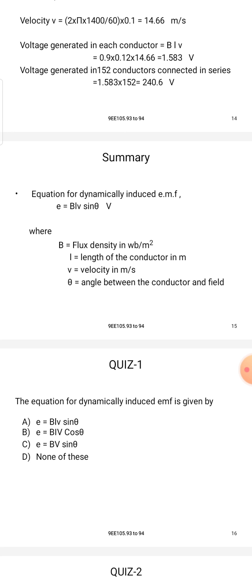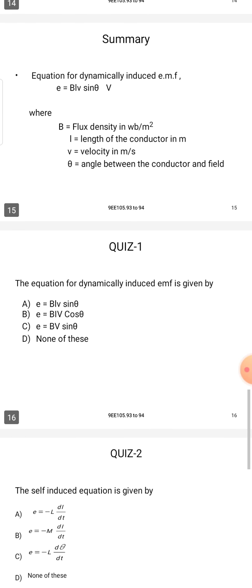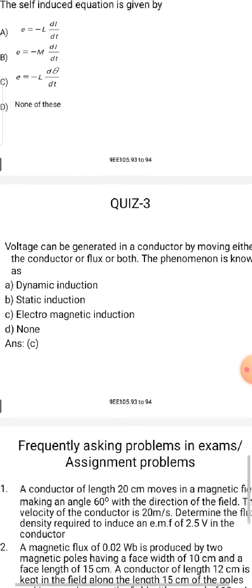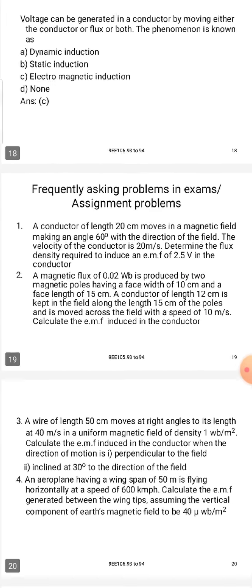There are a number of problems on dynamically induced EMF, BLV sin theta. Now some important example problems.